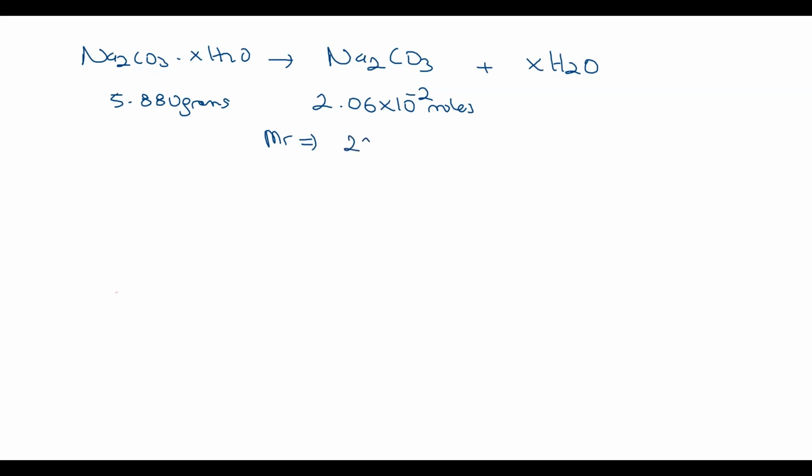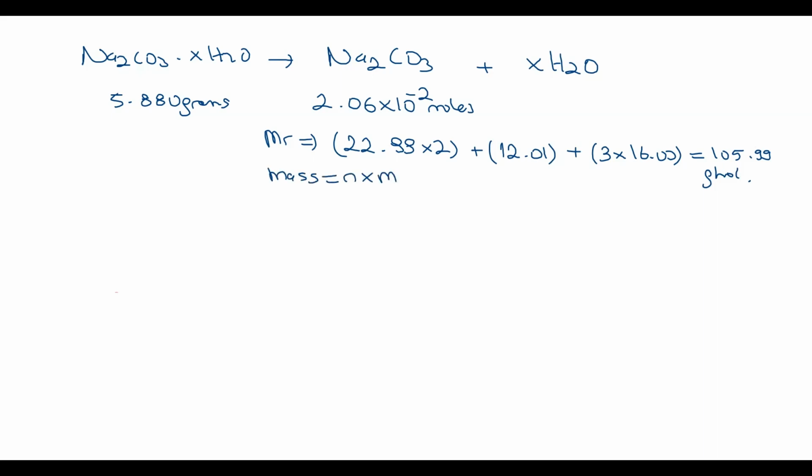The atomic mass of sodium is 22.99 times 2, since we have 2 sodium atoms, and we have 1 carbon atom, which is 12.01, plus we have 3 oxygen atoms, so 3 times 16, and in total it makes 105.99 grams per mole. Now we need to calculate the mass by multiplying the number of moles and molar mass.